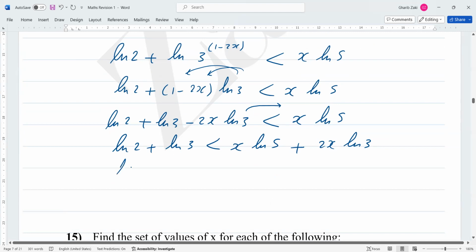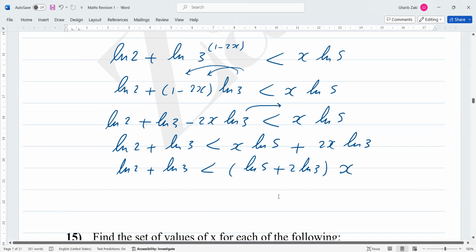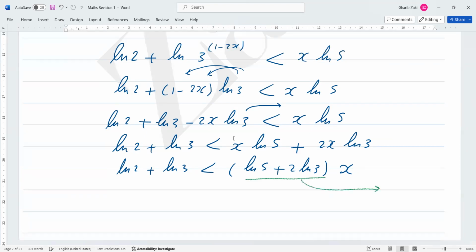So, ln 2 plus ln 3 is less than (ln 5 plus 2 ln 3) multiplied by x. I take x outside as a common factor. Now take care. We need to divide by ln 5 plus 2 ln 3. Go to the calculator and find the value of this before doing the division.